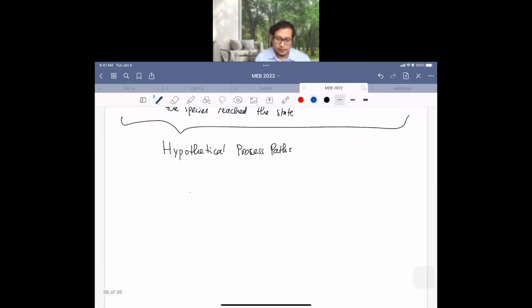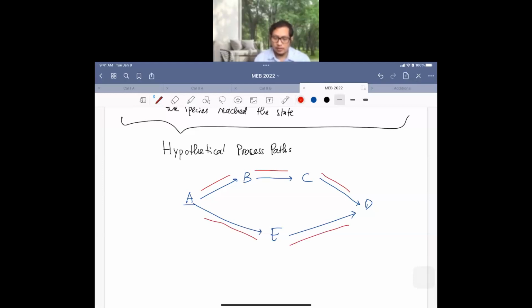From state A, you go to B, you go to C, and then end up with E. And you can also take another route: you go to E and then directly to D. Whichever you take, from A to D should have the same result. It depends on your observation, which one you are dealing with.